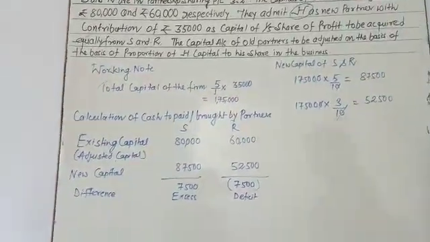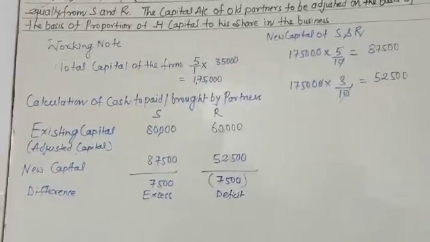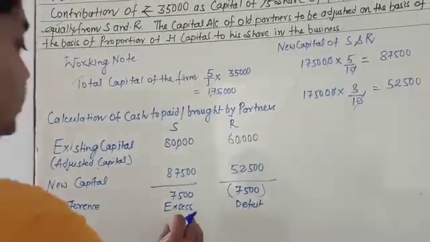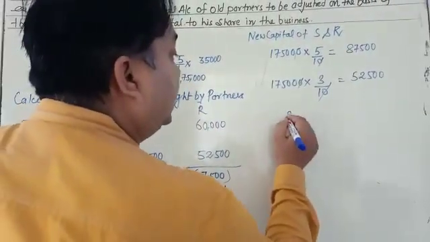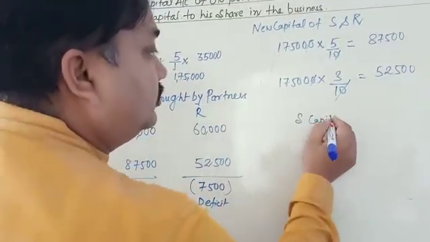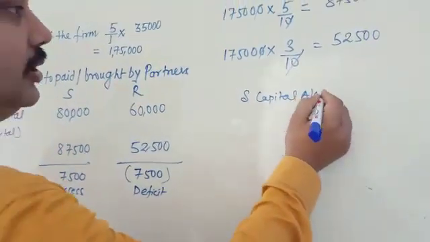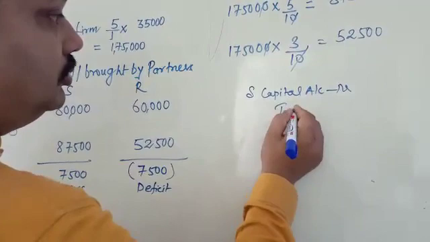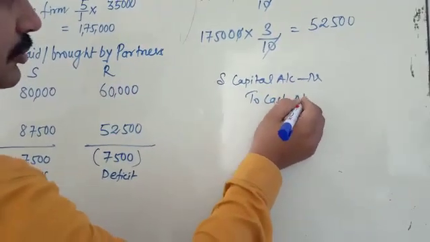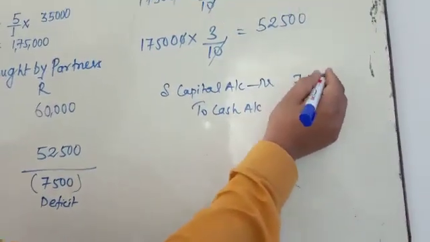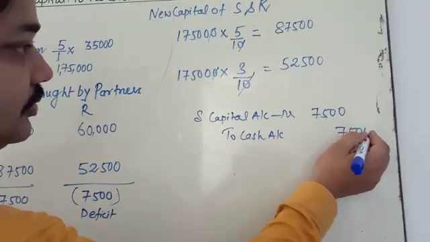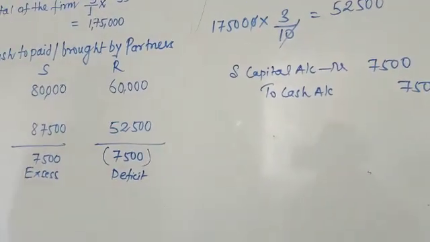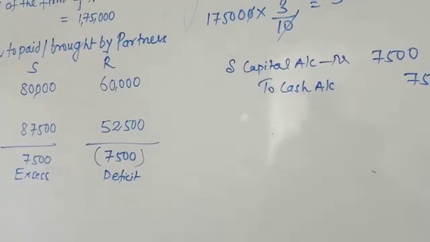Just do one journal entry for the withdrawing entry. Just put it here: S capital account debited to cash account, 7,500.